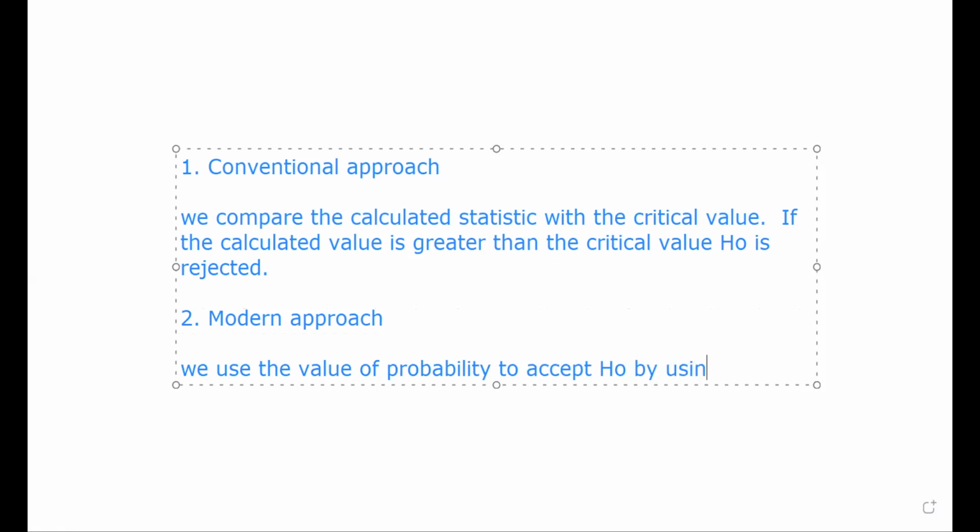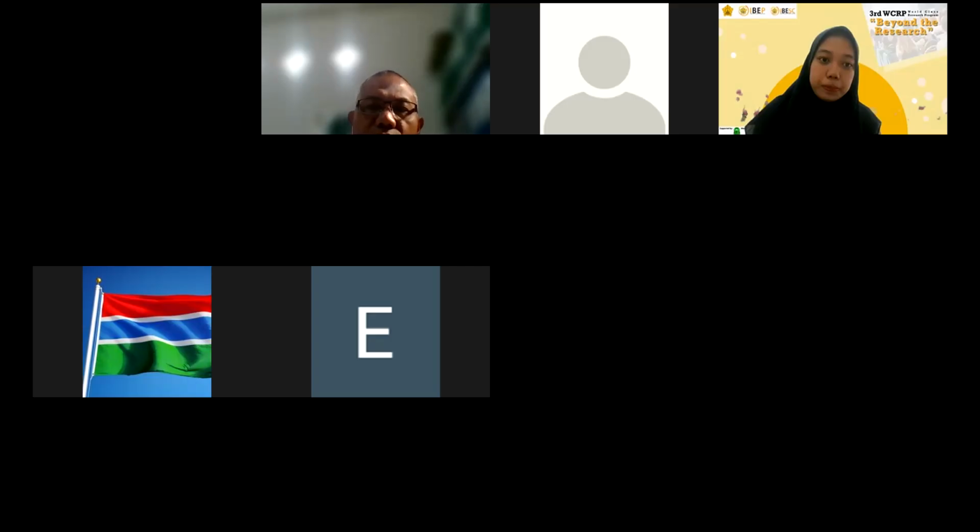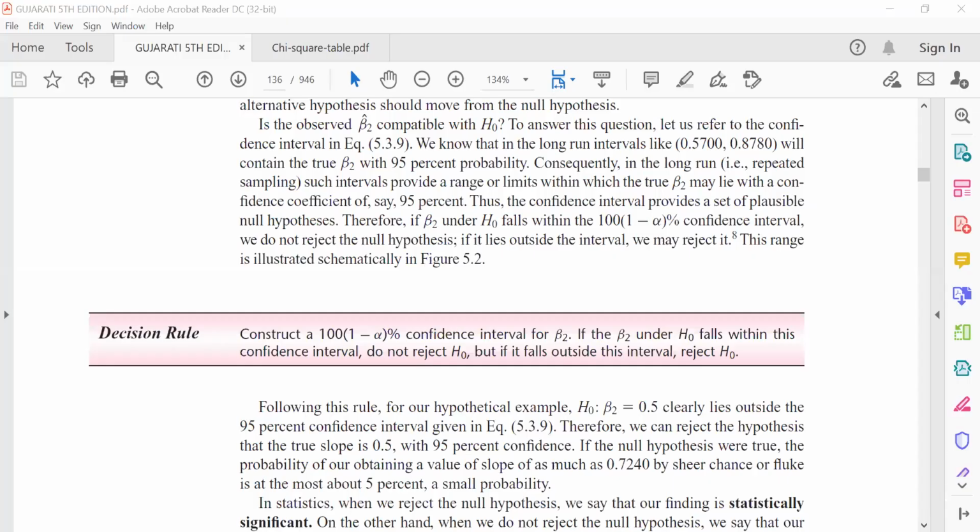If the p value is less than 0.05, this means we reject the null hypothesis. I explained already this rule. Okay, do you remember the rule? Okay, this is the rule, same rule.